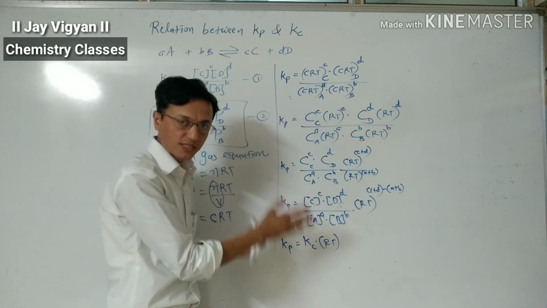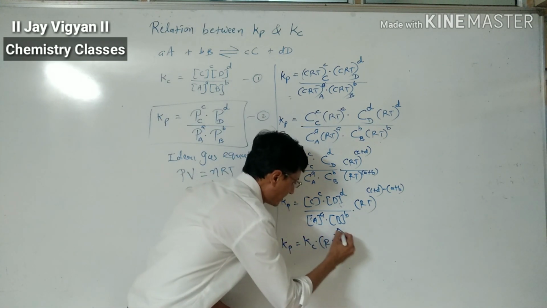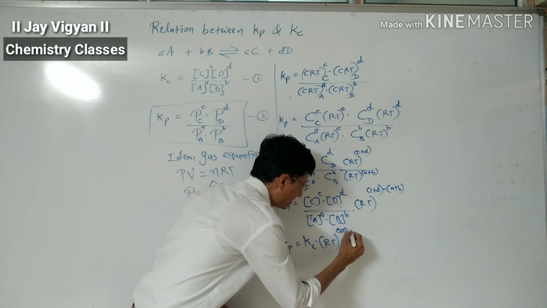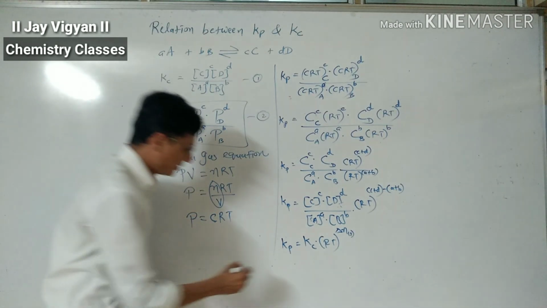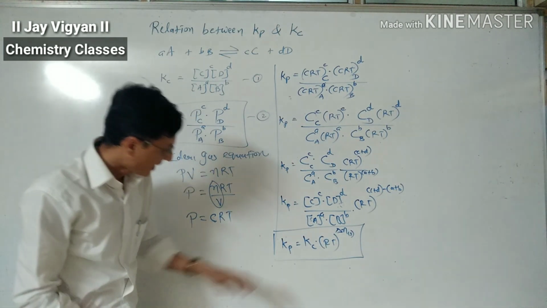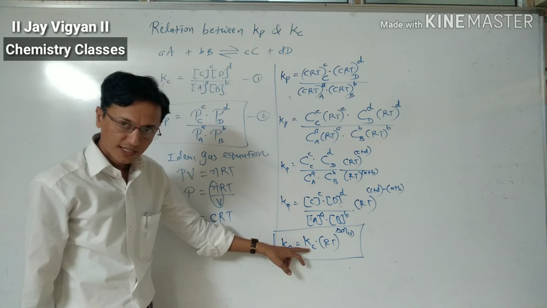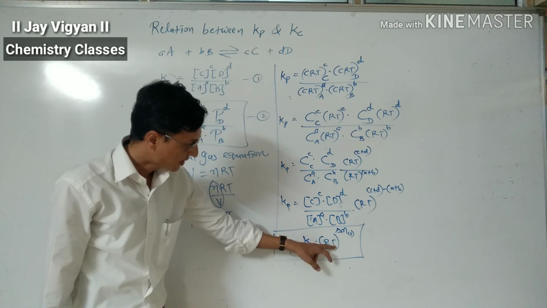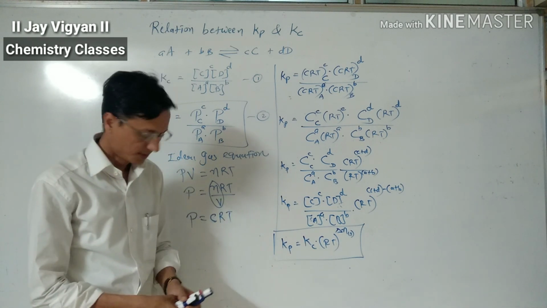If they are in gaseous form, then we can write this as delta Ng. So this will be the relation between Kp and Kc: Kp is equal to Kc multiplied by RT raised to delta Ng.